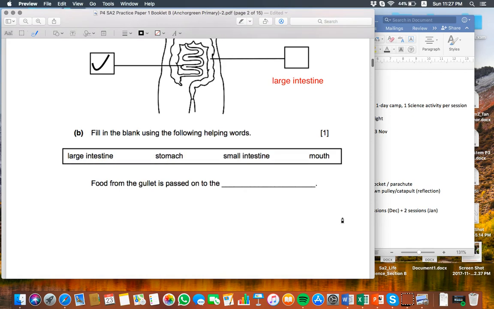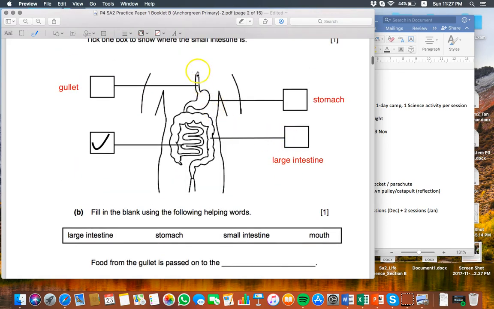Alright? Fill in the blank using the following helping words. Food from the gullet is passed on to the, highlight the word gullet. So what's after the gullet in the digestive system? Let's look.